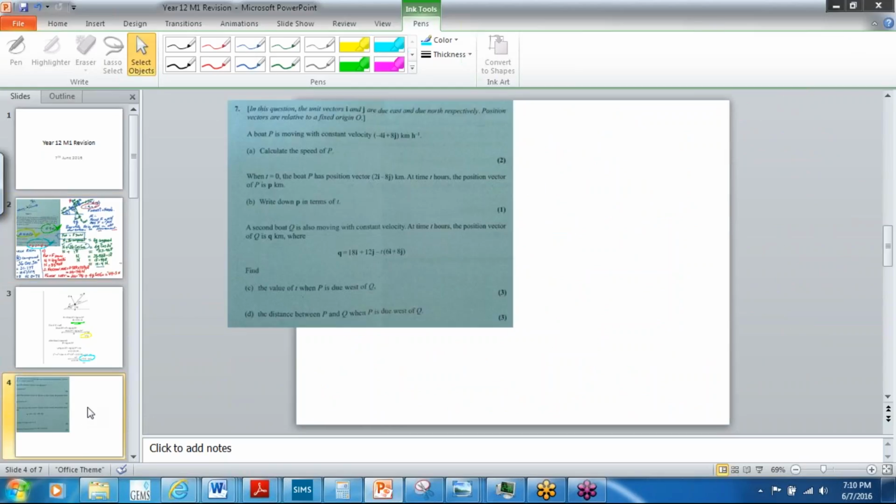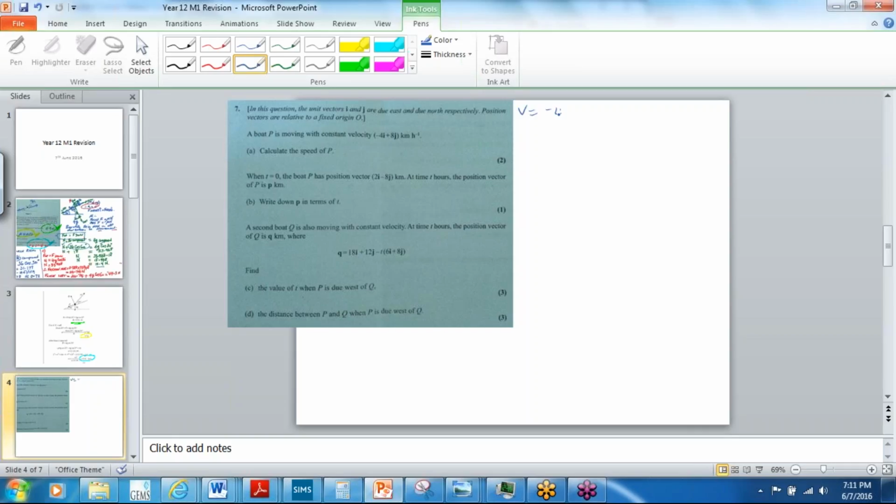The second question states that a boat is moving with a constant velocity of negative 4i plus 8j kilometers per hour. So let's just put V equals negative 4i plus 8j kilometers per hour. That's in i and j components. Calculate the speed.